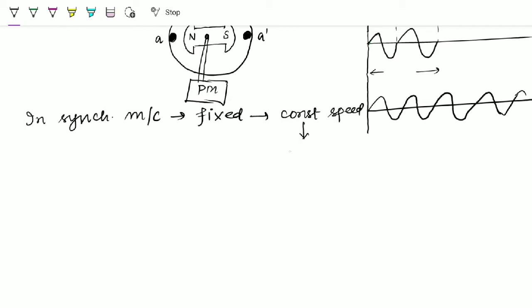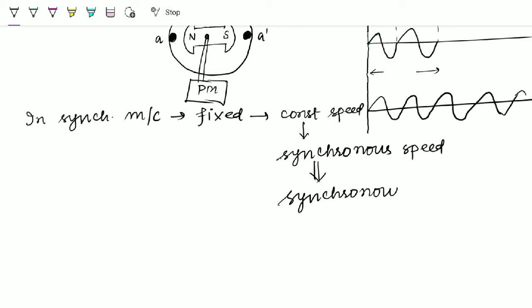This constant speed is called synchronous speed, and this gives rise to the name of this machine as synchronous machine.